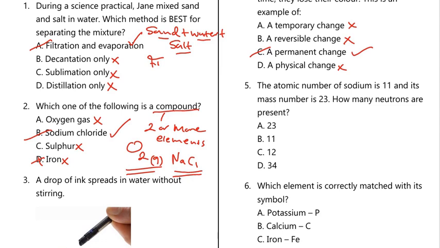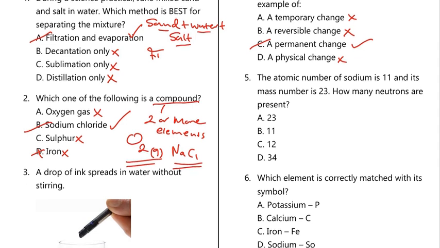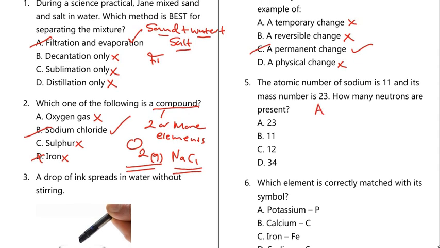Question 5. The atomic number of sodium is 11 and its mass number is 23. How many neutrons are present? So here we have the atomic number, which is 11. Remember, the atomic number is the same as the number of protons. It is 11, and we have the mass number. Mass number is protons plus neutrons.